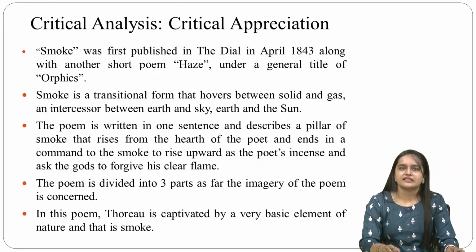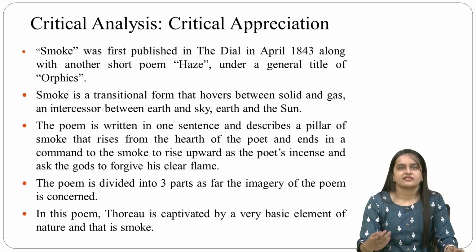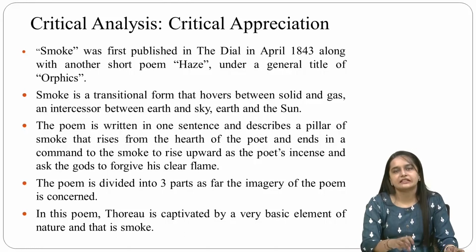The poem is written in one sentence and describes a pillar of smoke that rises from the heart of the poet and ends in a command to the smoke to rise upward as the poet's incense and asks the gods to forgive his clear flame.